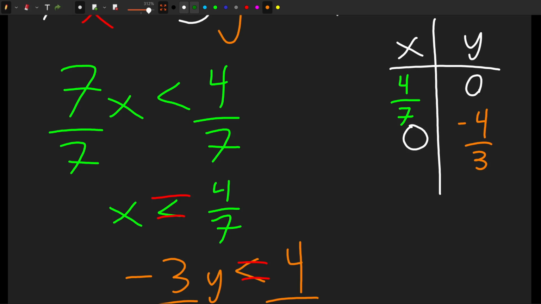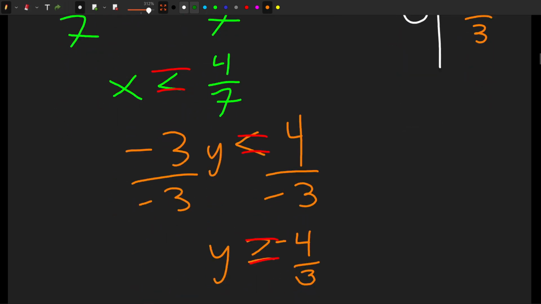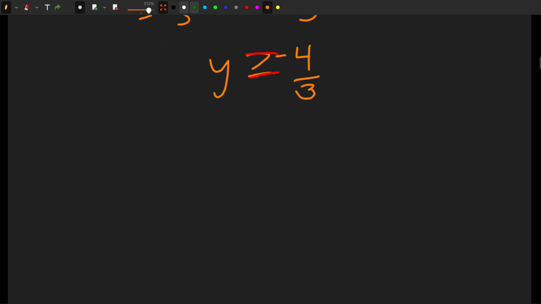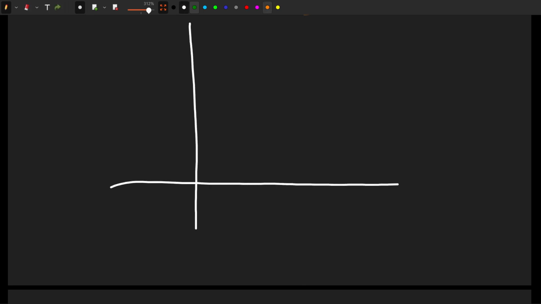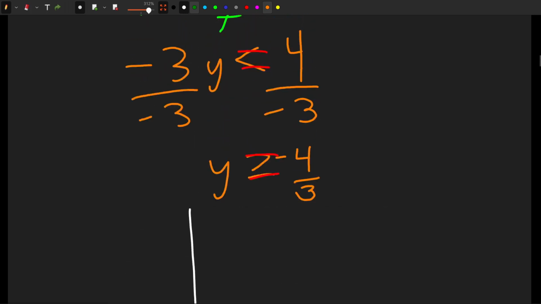Okay, now that I have my two points, I can go ahead and graph these. So I have (4/7, 0) and (0, negative 4/3). Let's see, our first point is 4/7, comma 0.